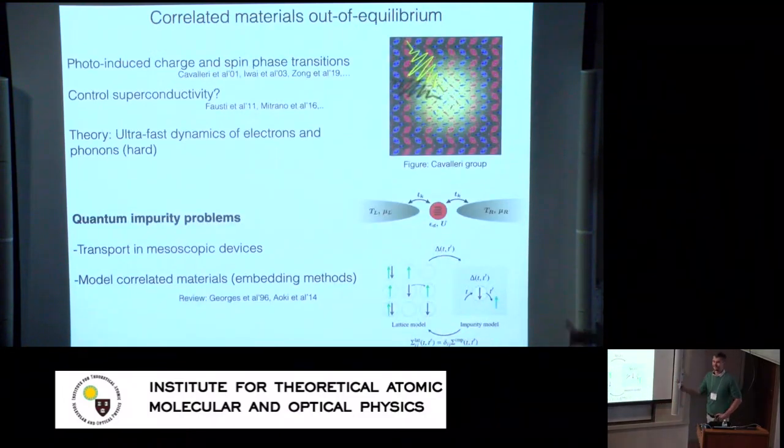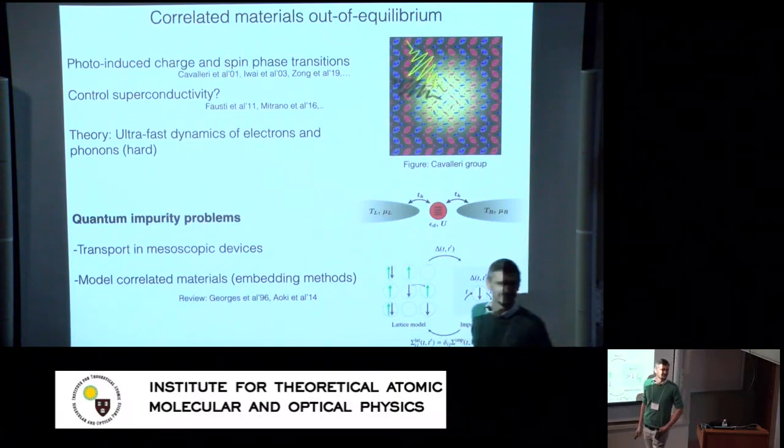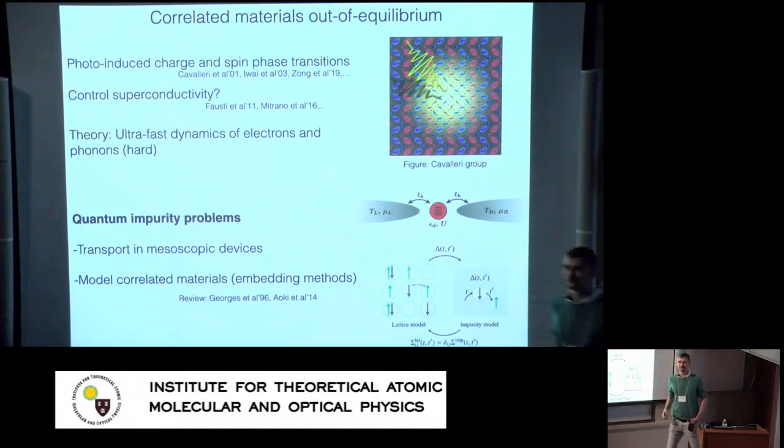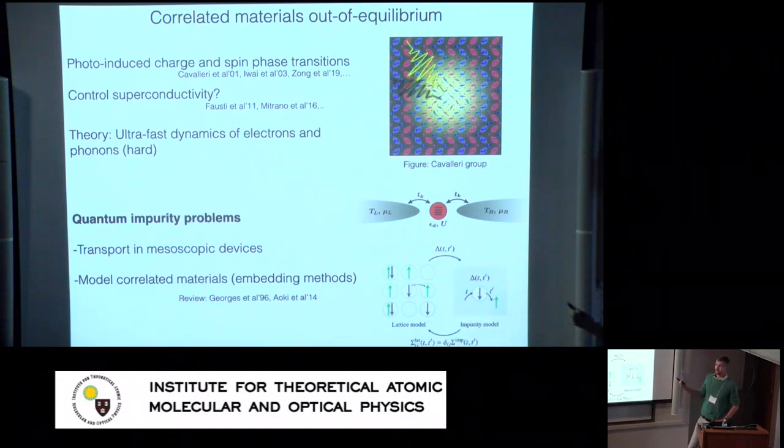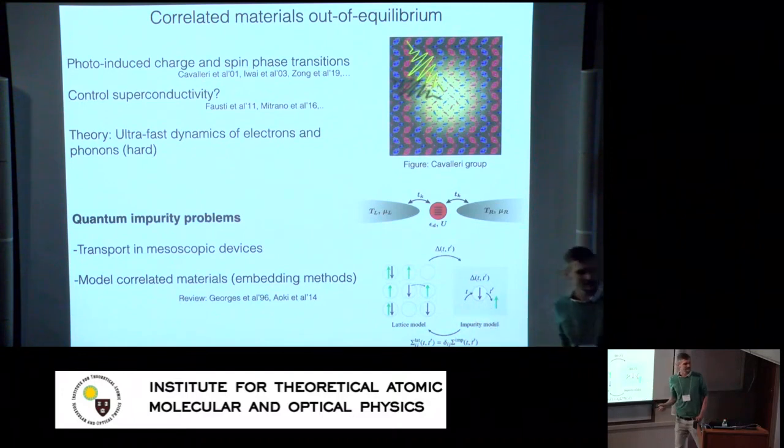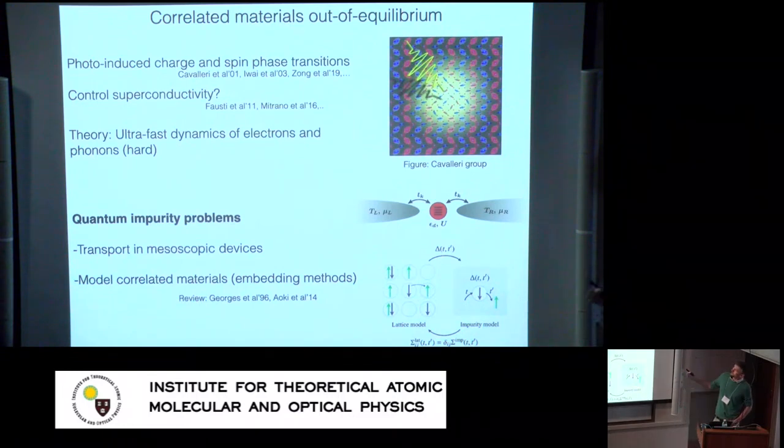Now, there is, of course, another big field which is very well represented in this workshop, related to the idea of controlling correlated materials by bringing them out of equilibrium. As we heard already this morning, you can drive phase transitions, you can try to control superconductivity.